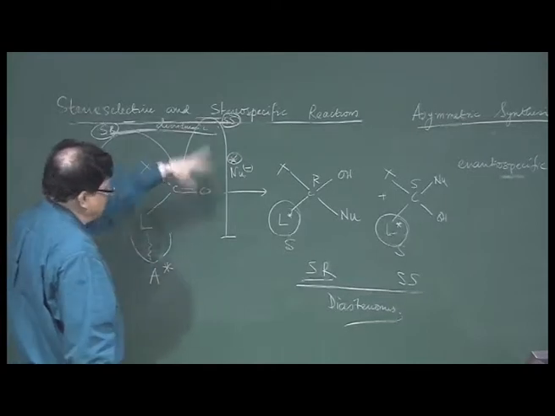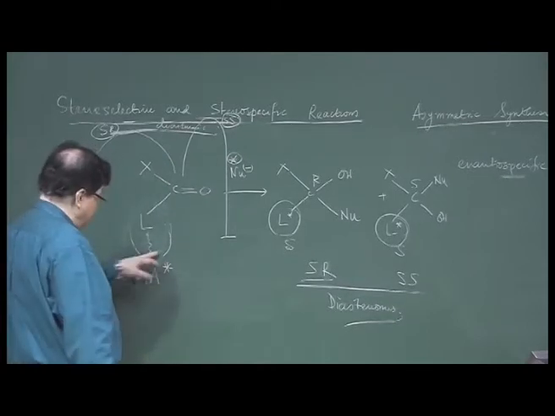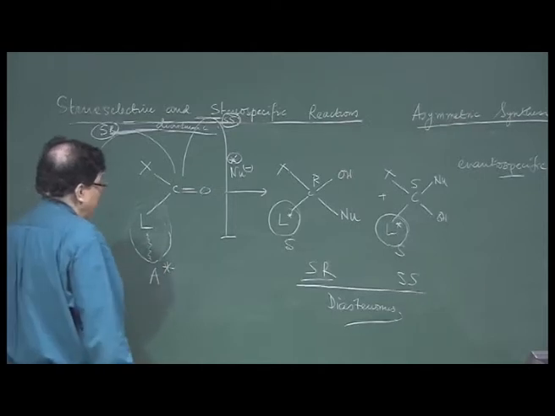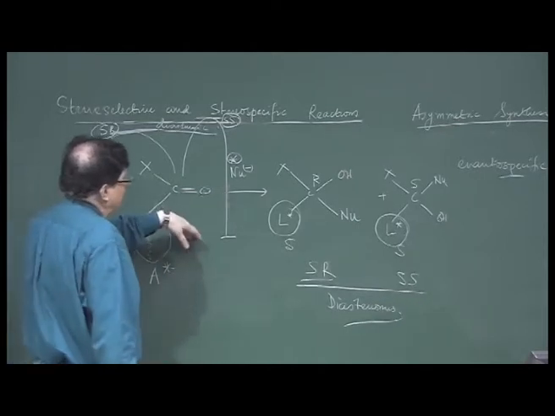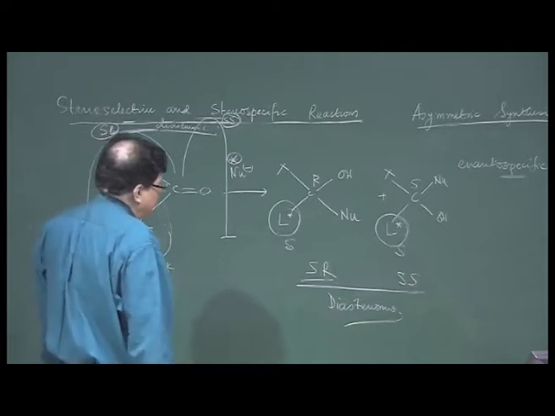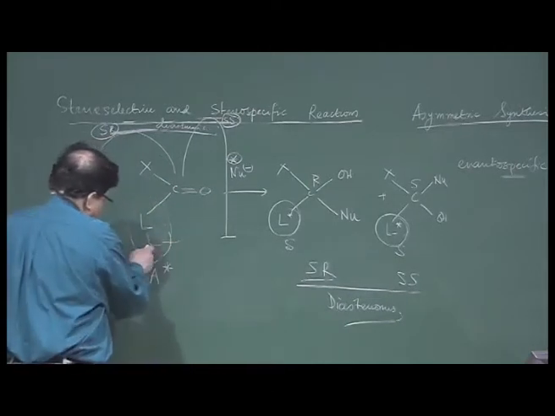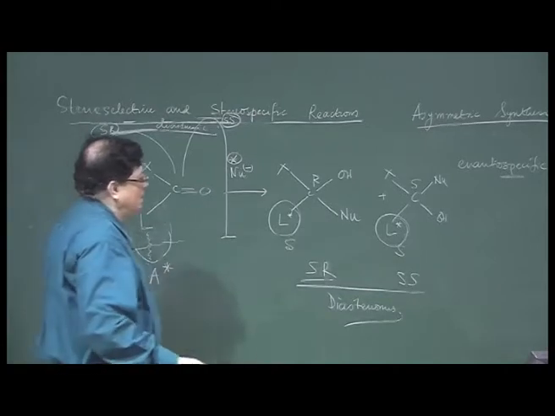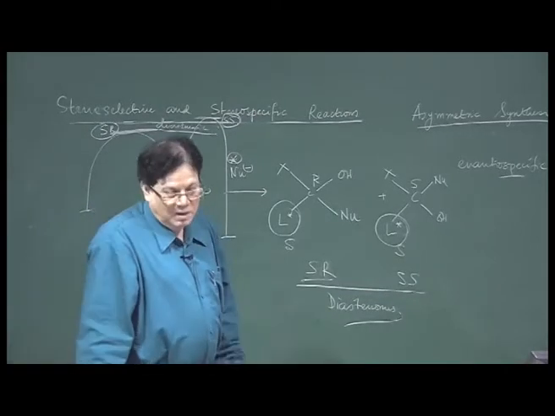Then also the transition states will be diastereomeric because of the chirality of this A. And then after the reaction, once the degree of asymmetry is achieved, you can take this A off and get the original target compounds. So, that is another way.